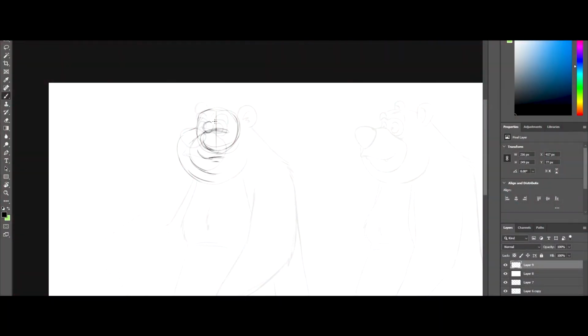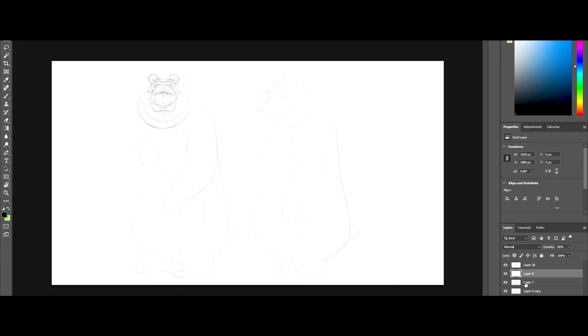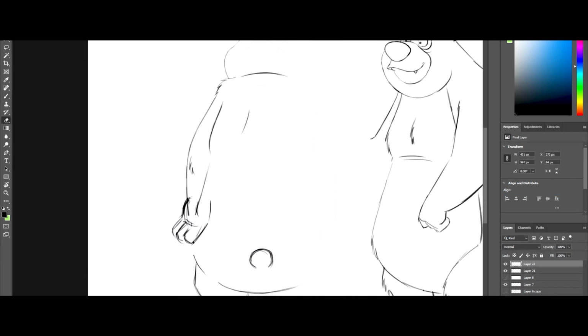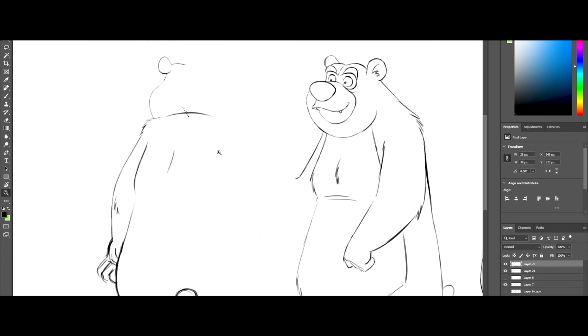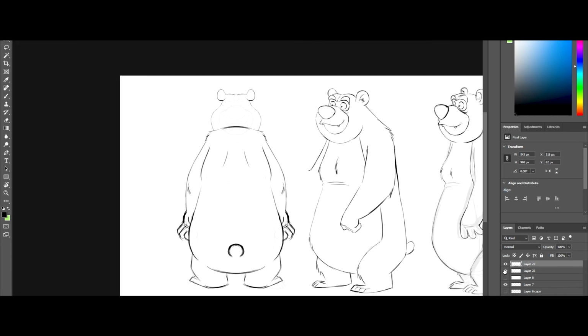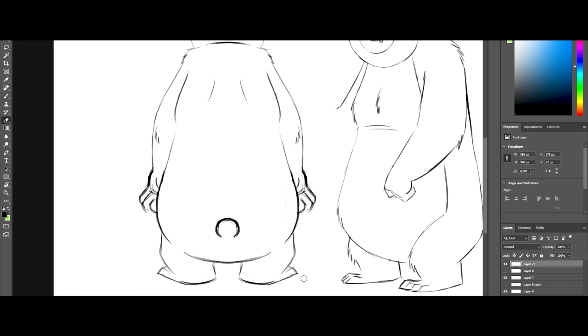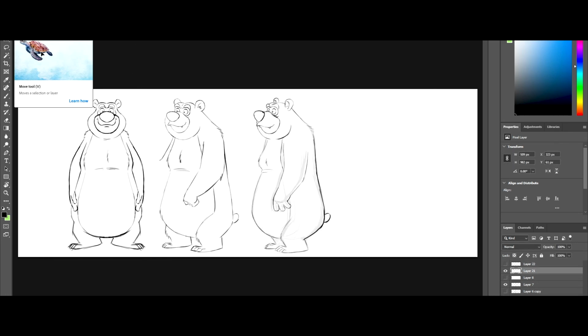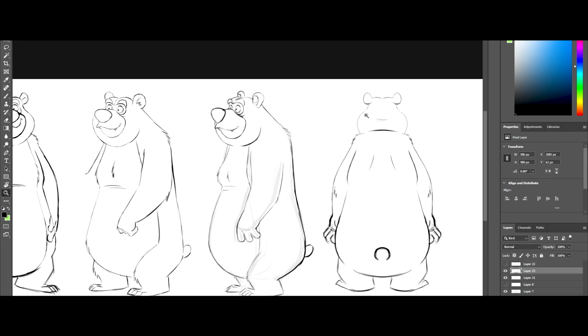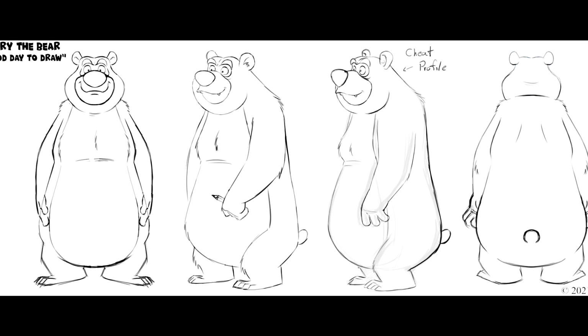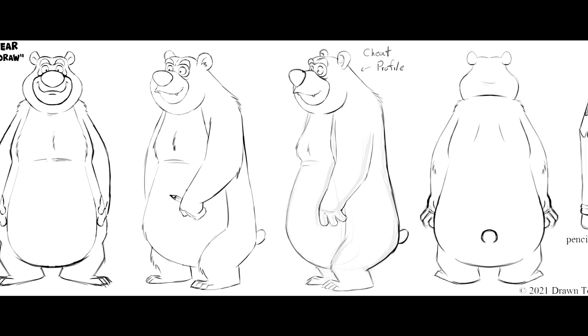One of the most boring but most important parts of character design is drawing the character rotation. And just like Brian Lemay mentioned, this is a multi-view angle of your character. Usually a front view, a side view, a front 3/4, a rear view, and oftentimes a rear 3/4.